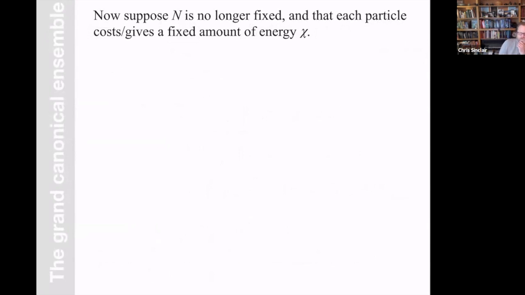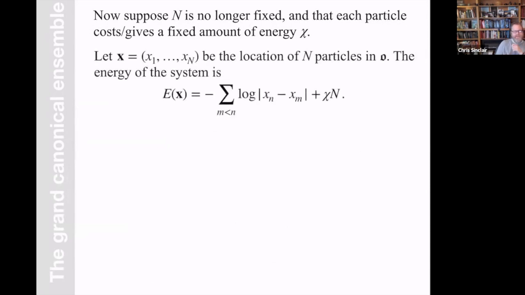So moving to the grand canonical ensemble, this is the situation where we go from fixing the number of particles to allowing the number of particles to vary in a very specific way. So what we imagine is that each particle in our system costs us some fixed amount of money. So I'm borrowing particles from a big particle bath.